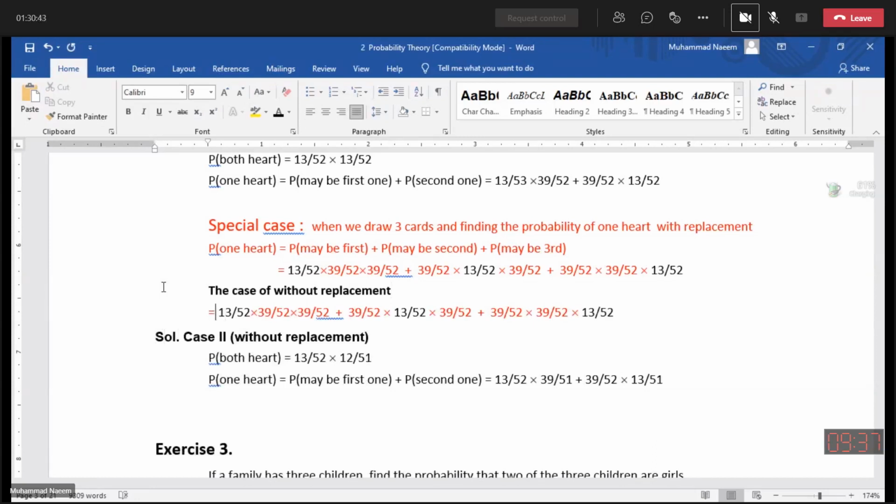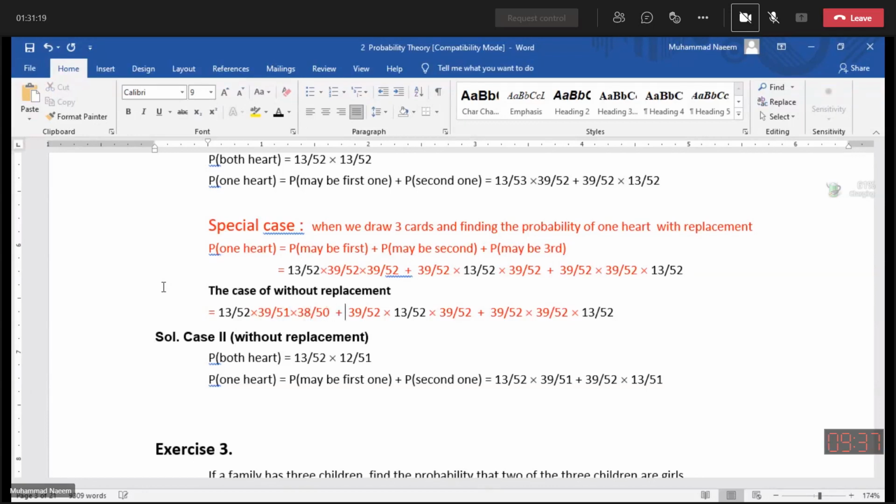The probability is the same, all the options are the same, but every time the possible cases are reduced: 51, 50. First is not a heart, second is not a heart, and third is also not a heart. So here favorable cases are also reduced.